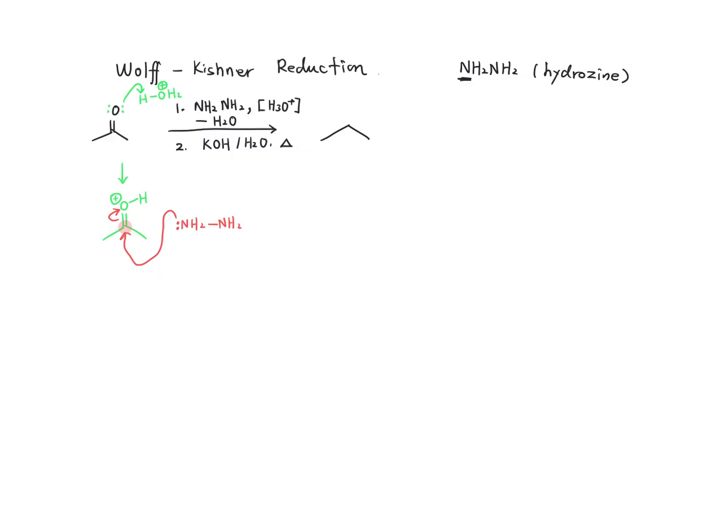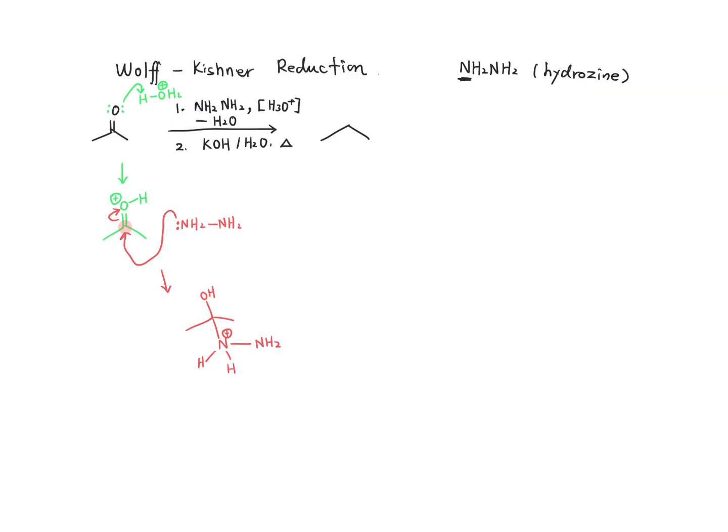So what we are going to end up with here is a tetrahedral intermediate that has the nitrogen forming the new bond. At this moment, the nitrogen has two hydrogens, so the nitrogen will be positively charged and still connected to the other nitrogen. Now this nitrogen has a positive charge, so the base will come in to deprotonate.